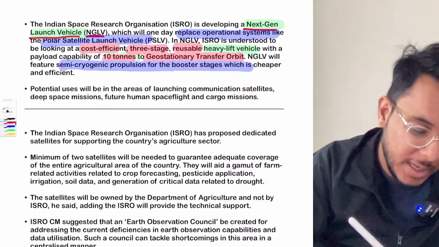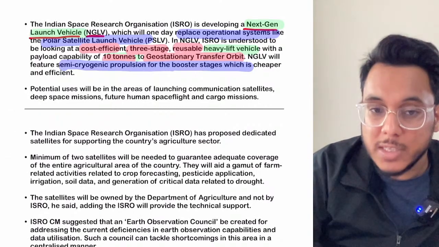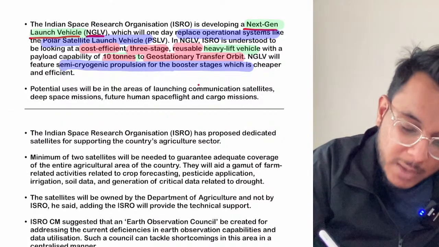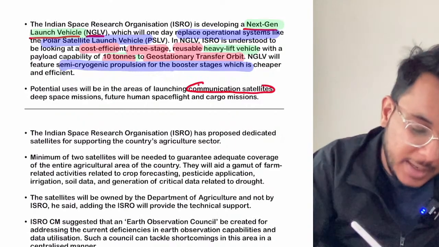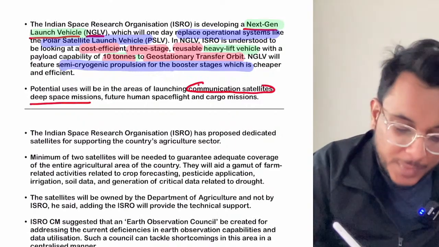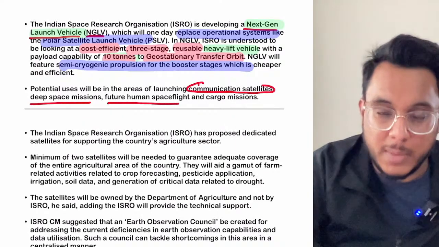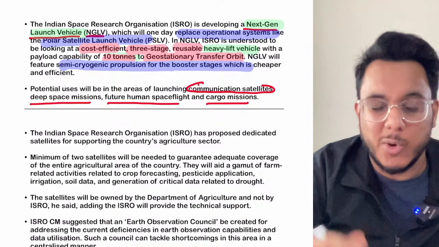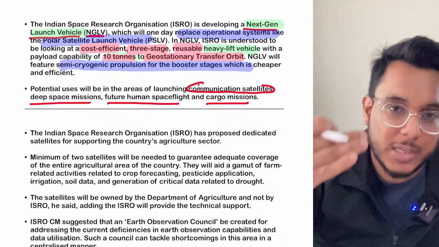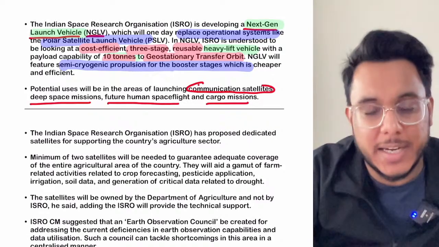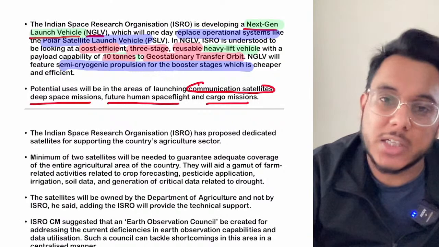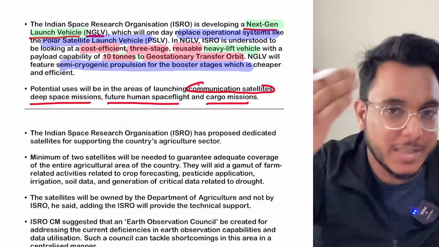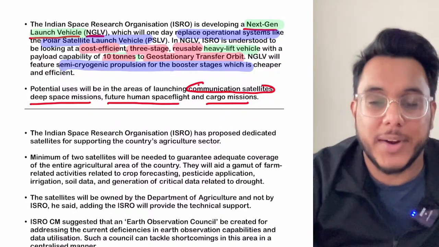Okay, semi-cryogenic. Then the potential uses of this NGLV: it will be used for launching communication satellites, deep space missions, and future human space flight. If you remember guys, Gaganyaan we are already planning, and also cargo missions. See, basically, for example, let's say there is an international space station. Now in an international space station, a lot of equipment is to be transported there.